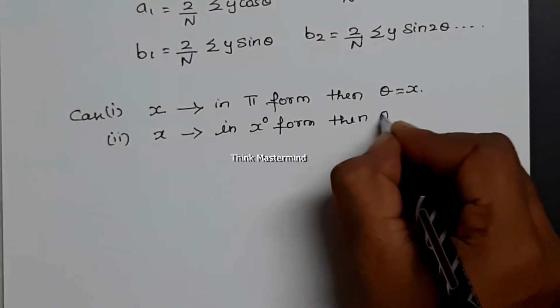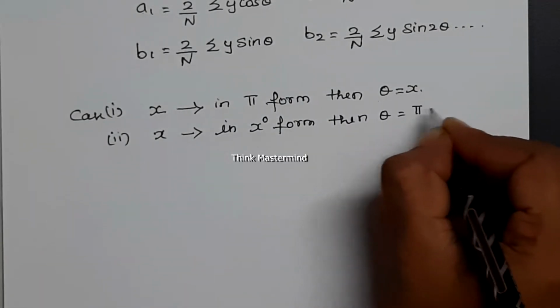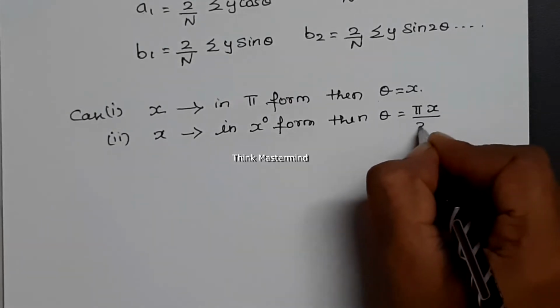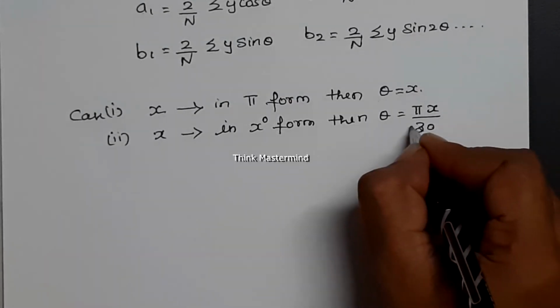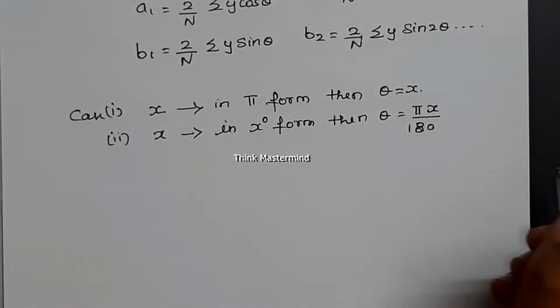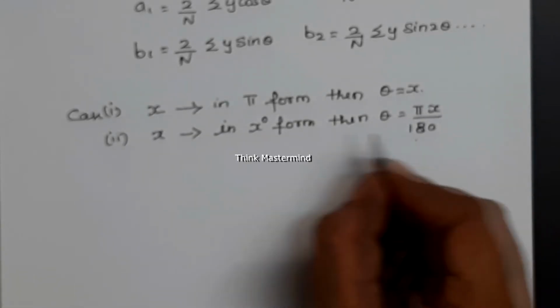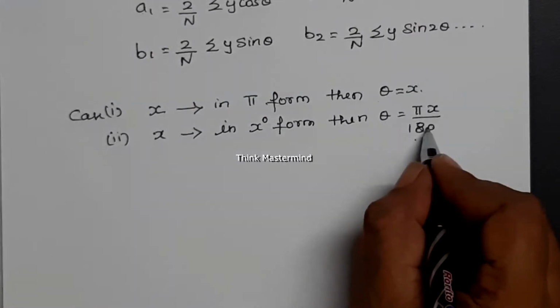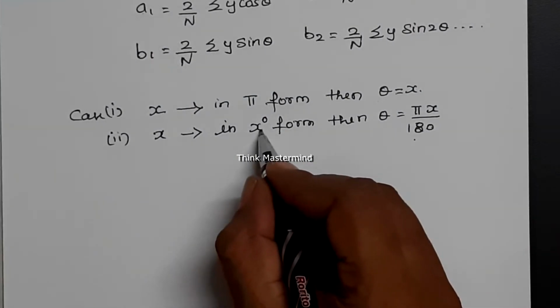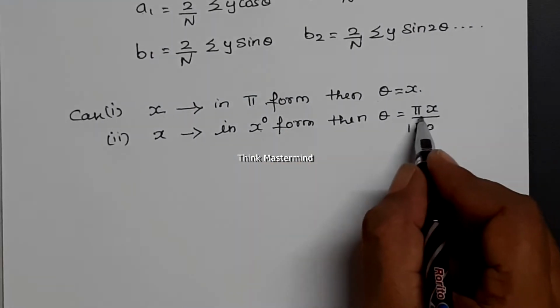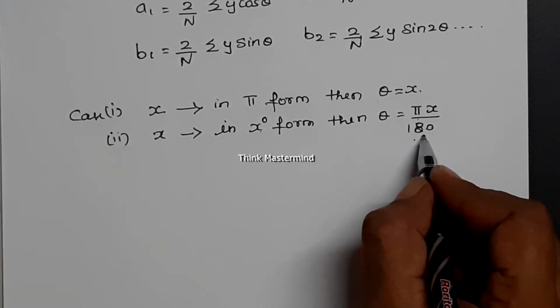Then theta is equal to pi x by 180. We are changing degree form into radian form, so the given x in degrees is multiplied by pi divided by 180.